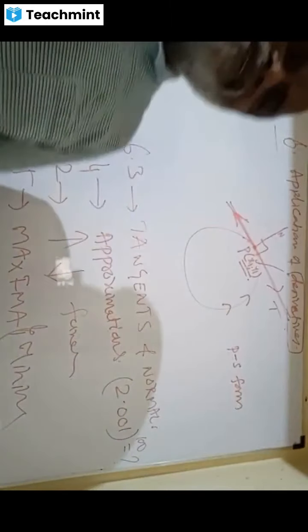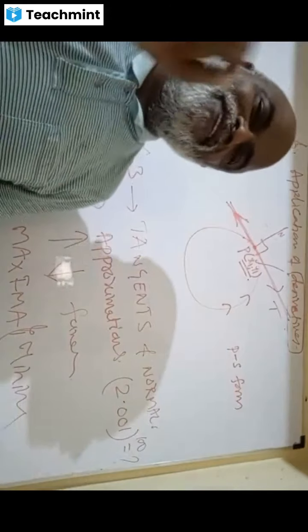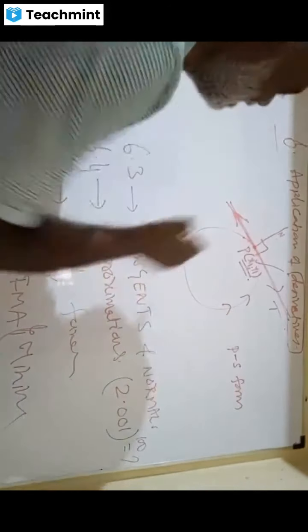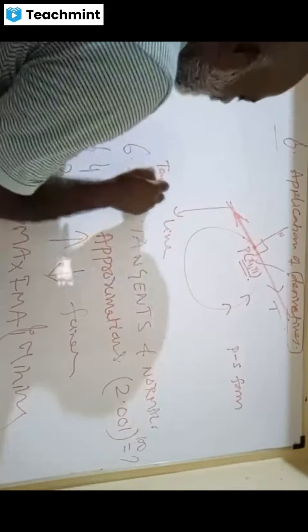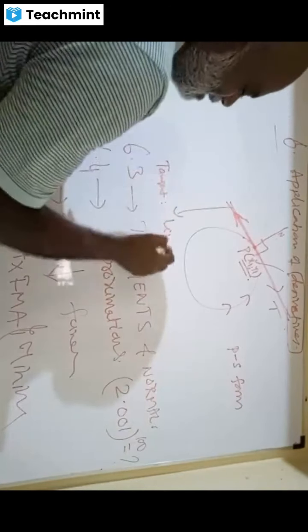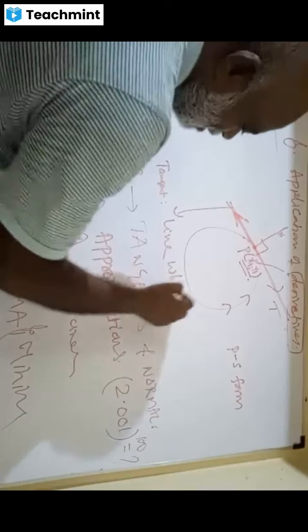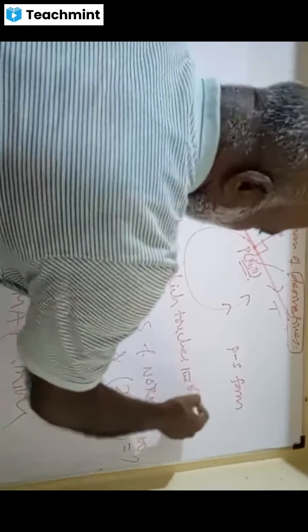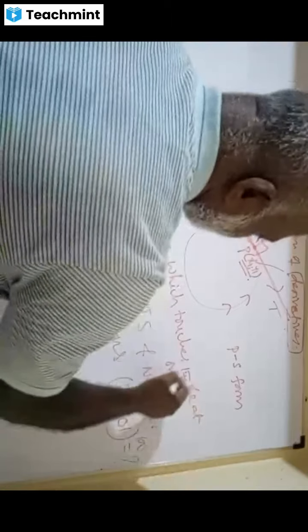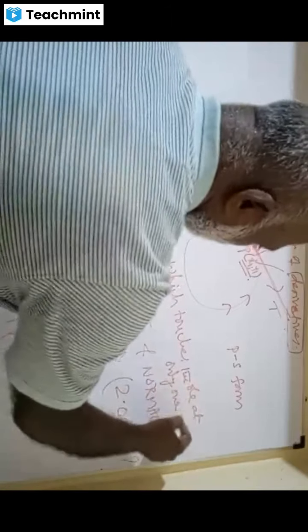It is only 11th standard stuff, coordinate geometry, the equation of a line. A tangent is a line which touches the circle at only one point.